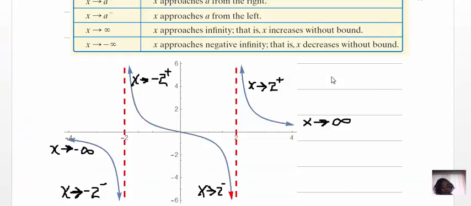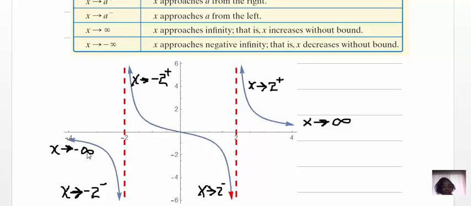But if we look back at this earlier example where we were talking about the arrow notation, we see that as x decreases without bound, remember that's the same as saying x goes to negative infinity. That's also the same as saying we are moving indefinitely to the left.